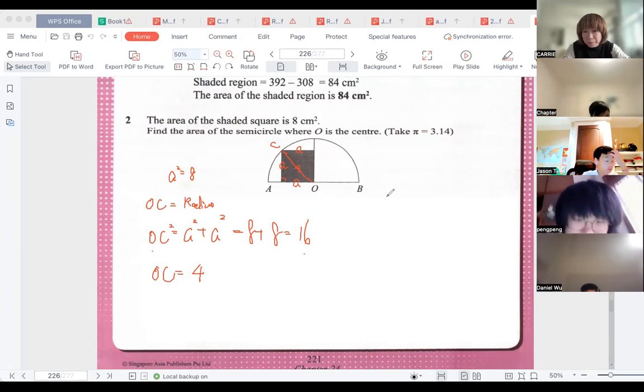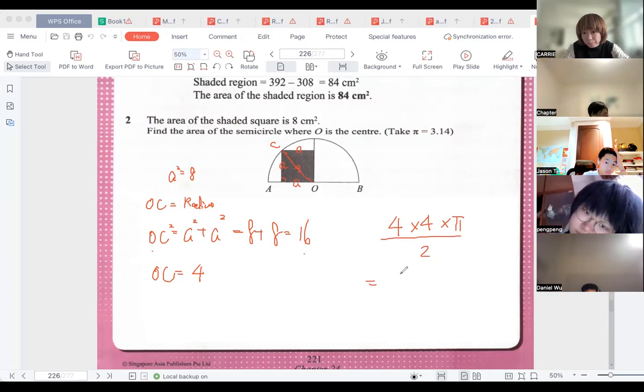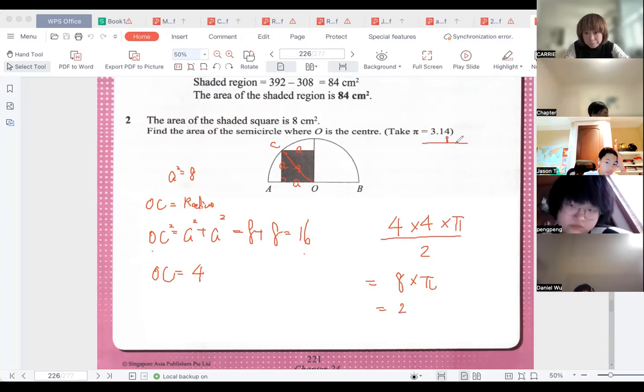That means half of the circle: 4 times 4 times pi, divided by 2, equals 8 times pi, which is 25.12 centimeters squared.